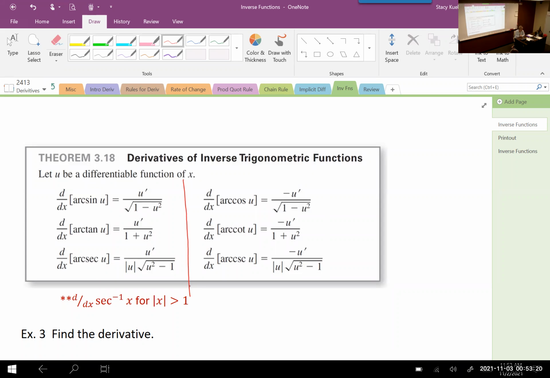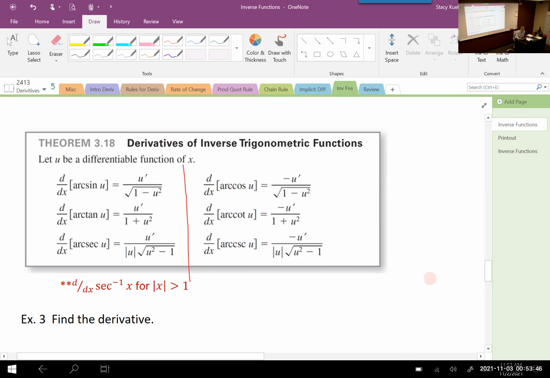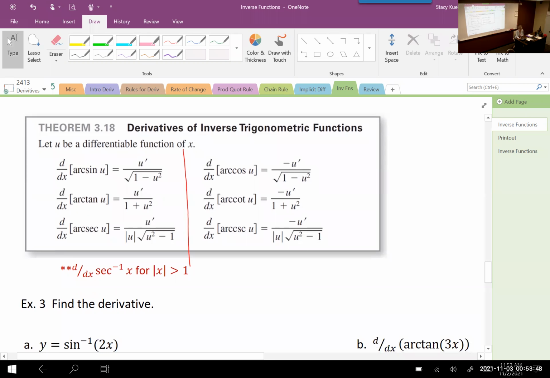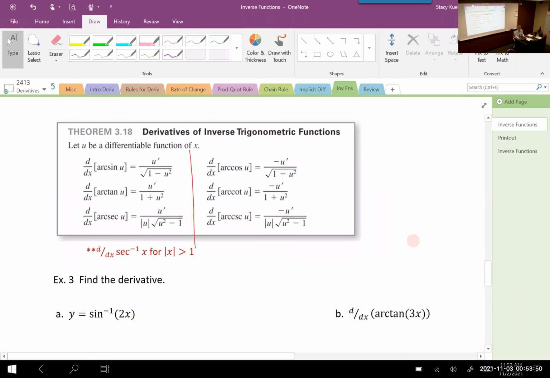I looked at 3 different books and there's just kind of a consensus on the derivative for the inverse secant, how they define it. This book will define it for x being positive, greater than 1. We're going to use x values that are positive, greater than 1, for the inverses. So those are the functions we're going to use for the remaining problems that we have.